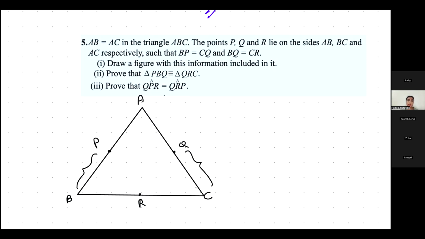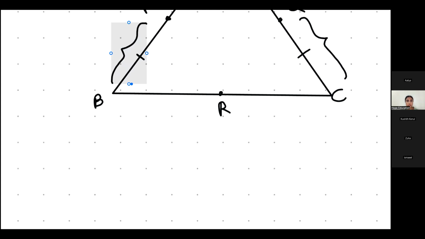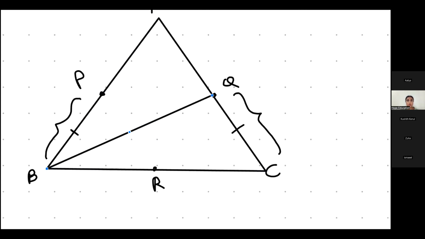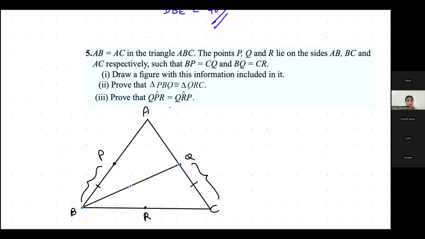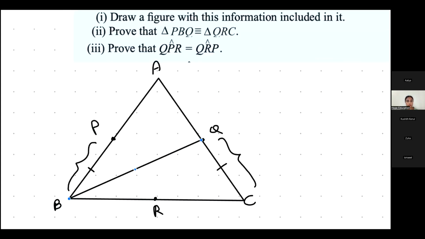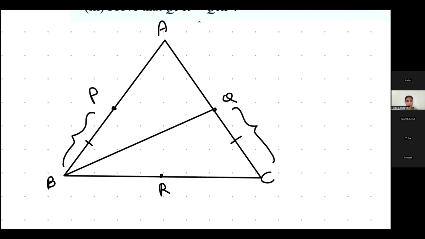And I'll just mark it like this. BQ means we'll have to draw a line equals CR. Oh, yes. Excuse me.